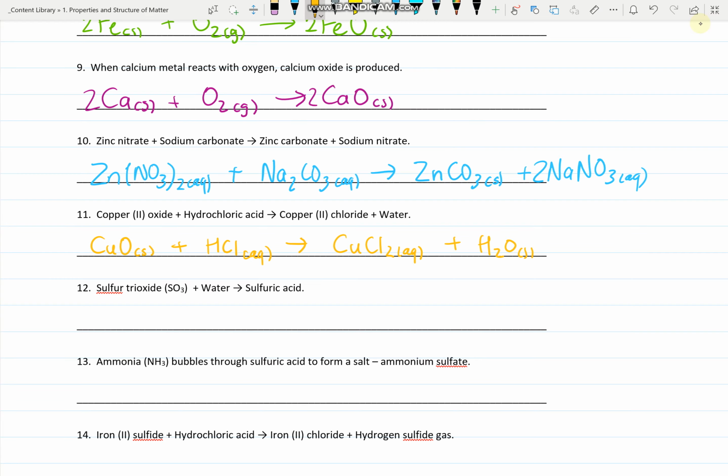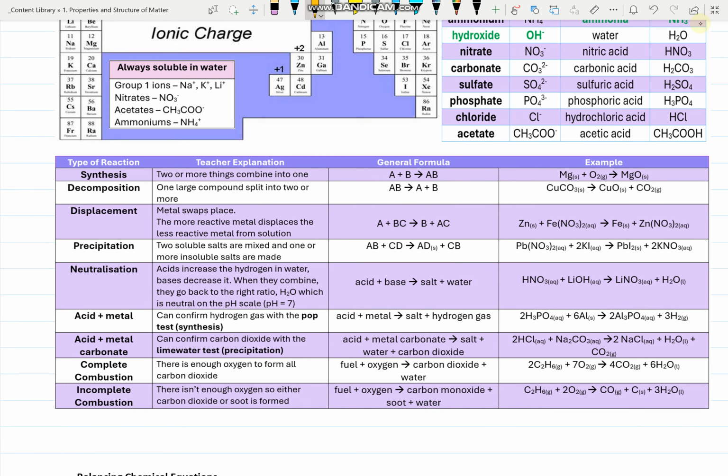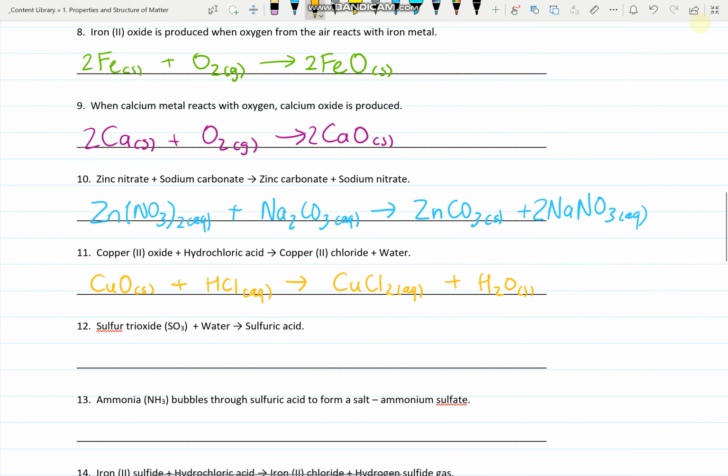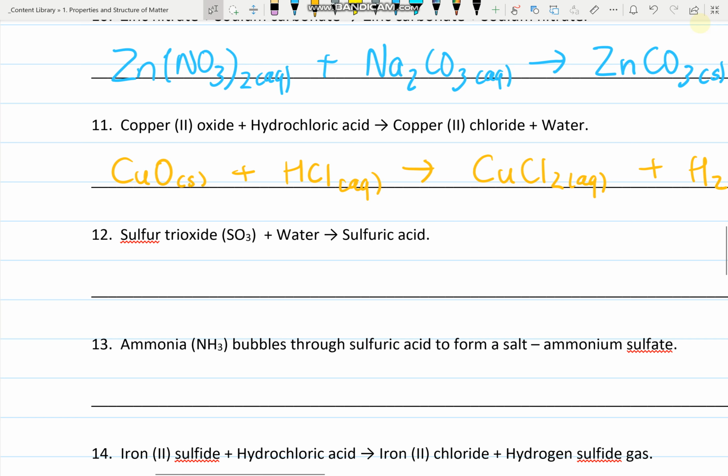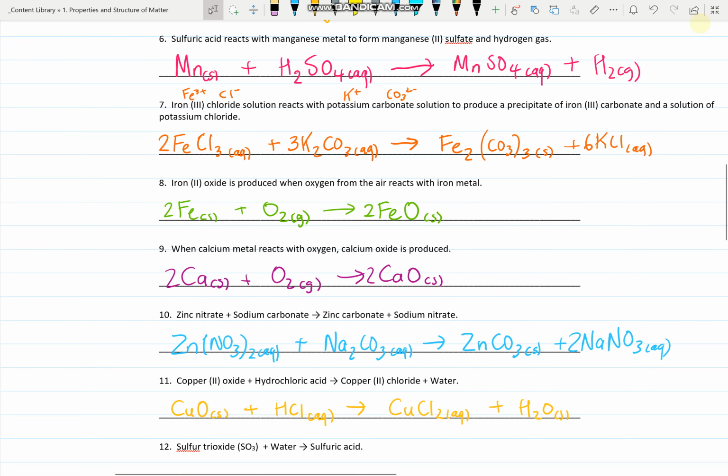This is a combination reaction, so this is just an identification. Synthesis reaction, 2 things combining into one. This is a reaction that's actually used in the formation of sulfuric acid. So we've got sulfate. Ooh, I've got to do my colors. After yellow comes pink.